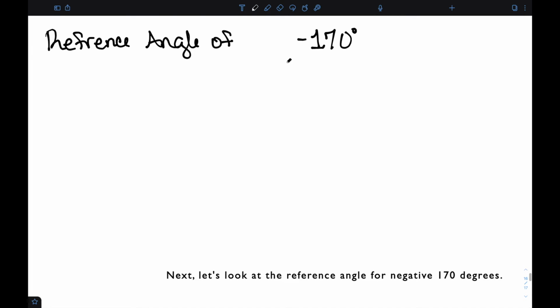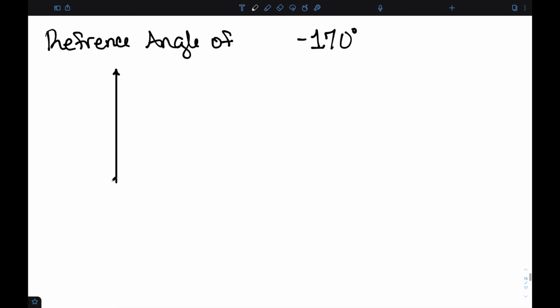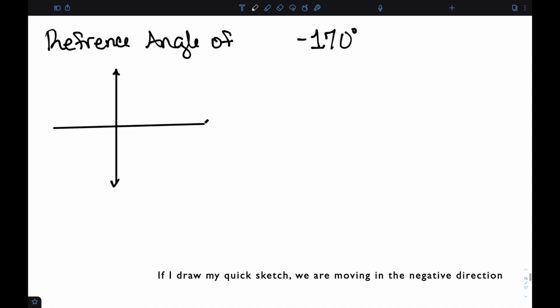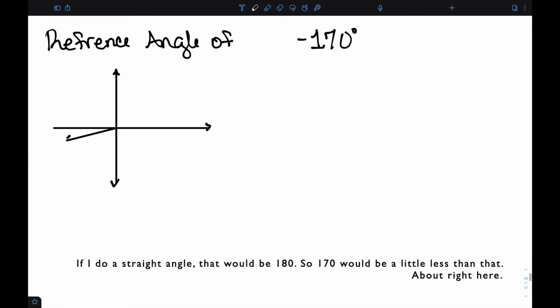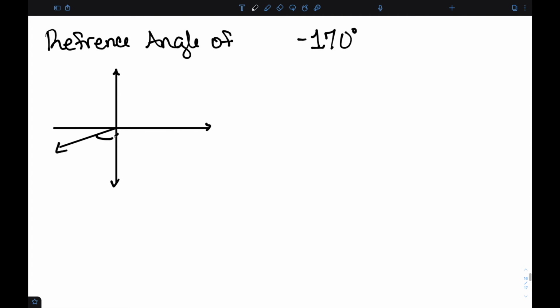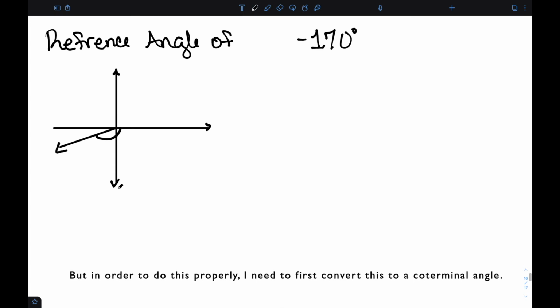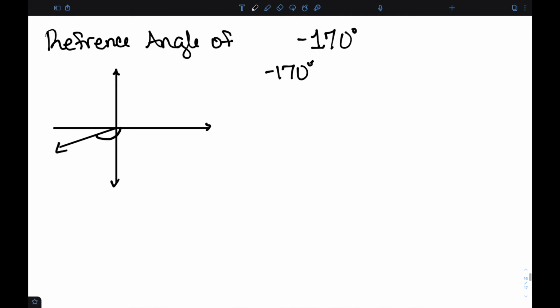Next, let's look at the reference angle of negative 170 degrees. If I draw my quick sketch, we're moving in the negative direction. A straight angle would be 180, so negative 170 is a little less than that, about right here. But in order to do this properly, I need to first convert this to a coterminal angle by adding 360 degrees.